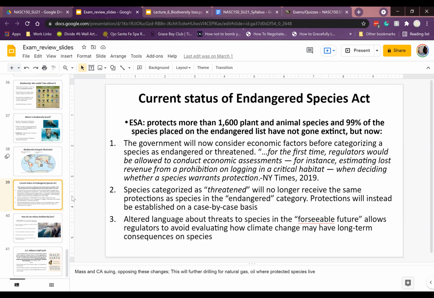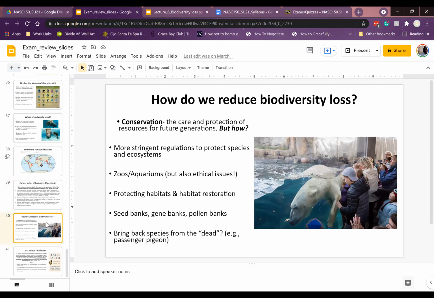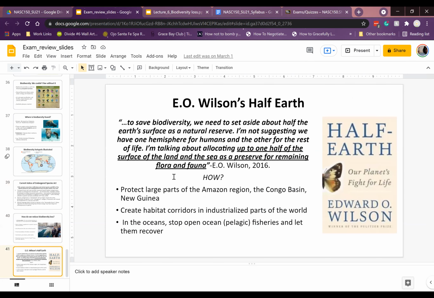Then we talked about how to protect biodiversity hotspots. We talked about zoos and aquariums and enforcing laws protecting species. We also talked about E.O. Wilson's Half Earth, protecting about half the planet. Again, it's not dividing the planet in half, as the quote tells you, but really protecting what we have, protecting our biodiversity, which protects our ecosystems, which protects the services, which protects all the dollar bills we derive from our healthy ecosystems.